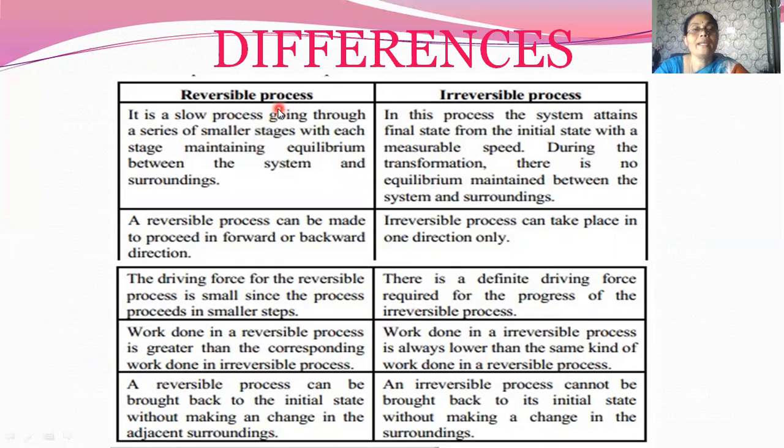In the case of a reversible process, it is a slow process going through a series of small stages, with each stage maintaining thermodynamic equilibrium between the system and surroundings, so the temperature of system and surroundings will be the same. In an irreversible process, the system attains the final state from the initial state with a measurable speed.